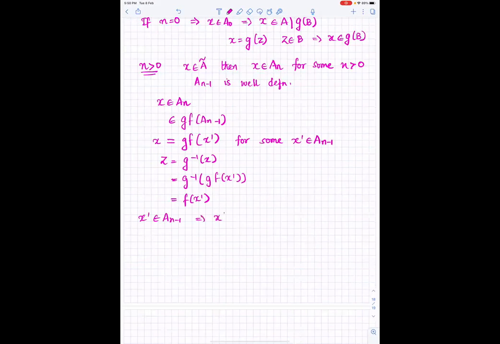This means that X prime is definitely going to be in the set A tilde. Then by our definition, what will F of X prime be? It is the same as H of X prime. Okay? So this means that Z is H of X prime. Right? So for Z, there is a pre-image X prime such that the function H maps X prime to Z. Right? So therefore, H is surjective.